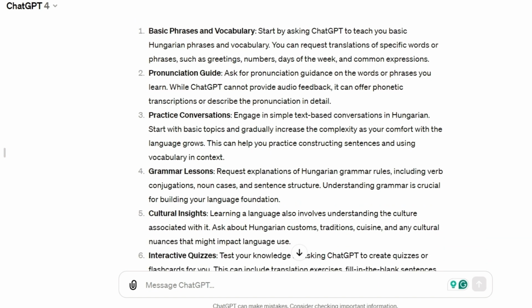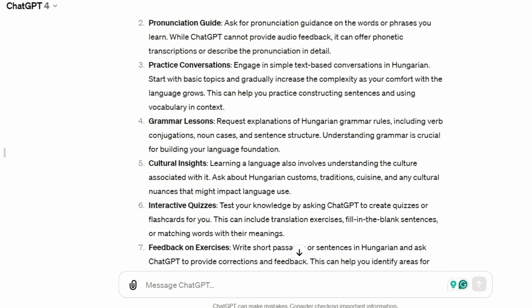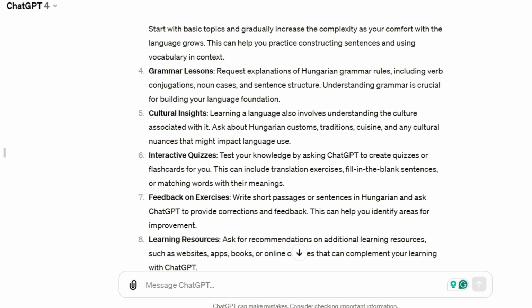Start by asking ChatGPT to teach you basic Hungarian phrases and vocabulary. Okay, we will test it. Pronunciation guide. Well, okay. Practice conversations. Engage in simple text-based conversations in Hungarian. Grammar lessons. Request explanations of Hungarian grammar rules, including verb conjugations, noun cases, and sentence structure.